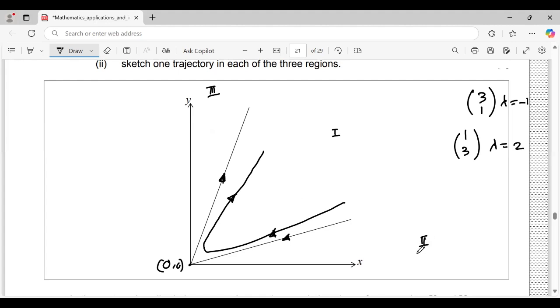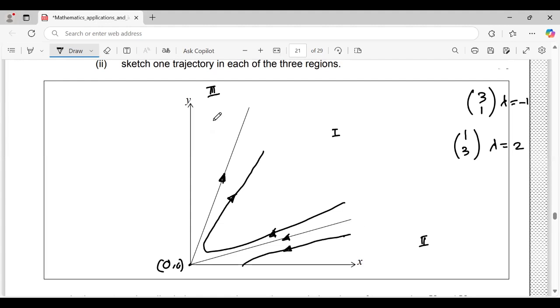About the second region: this region is closer to the stable direction, and the motion will still be moving toward the origin along the eigenvector (3, 1), like this, with the arrows showing the trajectory direction.